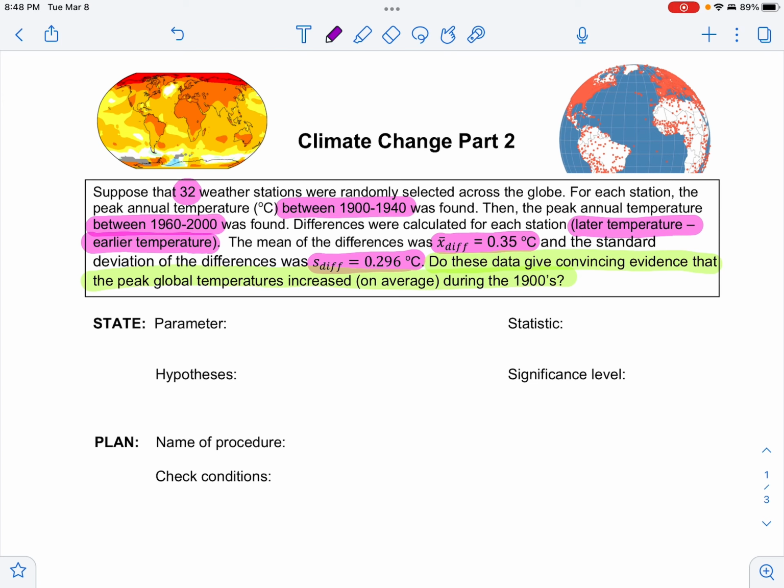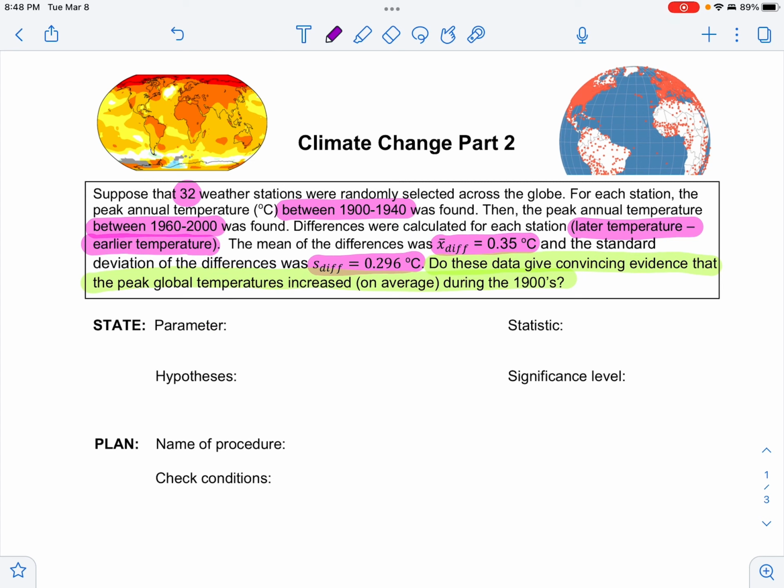So starting with state, we're going to state our parameter. And for the parameter, we are looking at the symbol mu sub difference. So remember, our parameter is the population mean. And here, because we're doing that paired test where we're pairing the earlier years and the later years from the same station, it is mu sub difference.